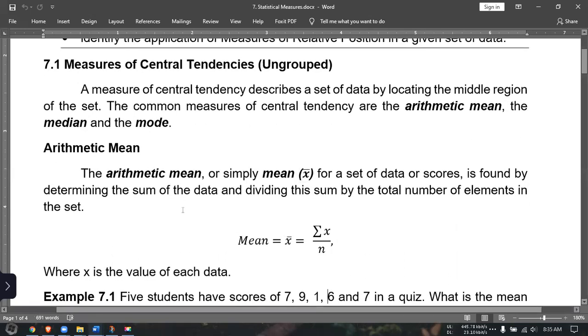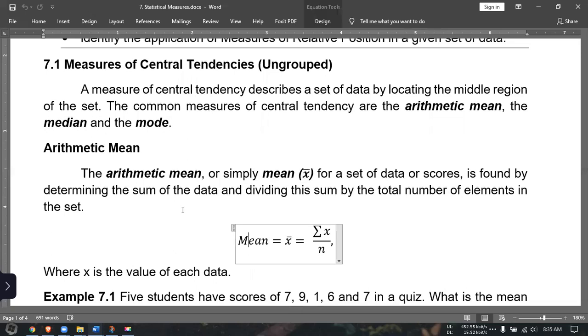X here are the values of each data, and n is the total number of values in a given set of data.